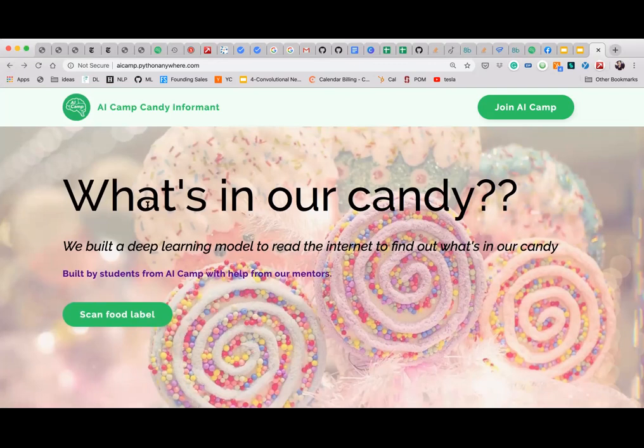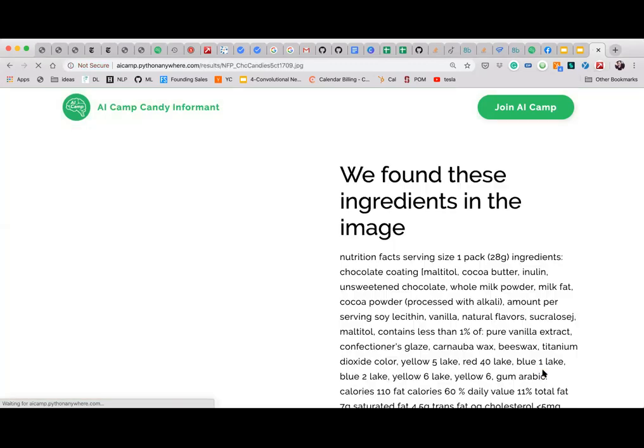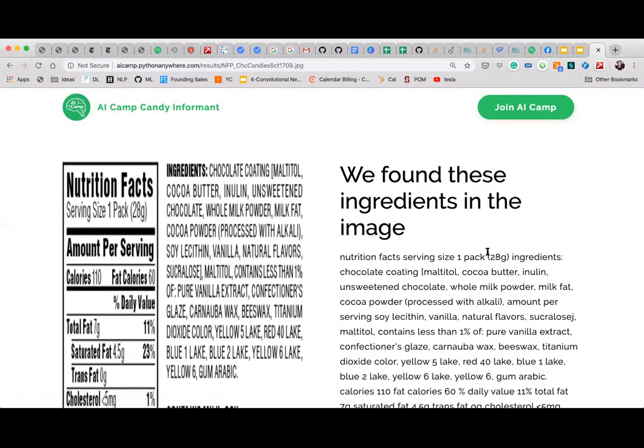And Suryan, did you work on the OCR stuff? Yeah, we used Tesseract, which is made by Google, where we upload our image and it puts it into text.